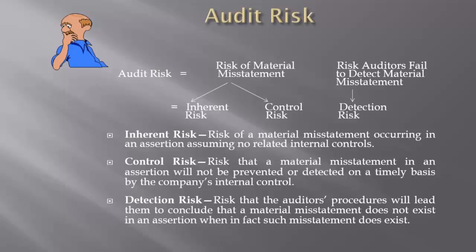Inherent risk, what is inherently risky about the account balance, the item, or the transactions that we're actually looking at? So as an example, if we're looking at cash, cash is inherently risky. If we're doing an audit of a diamond retailer, inventory is inherently risky.